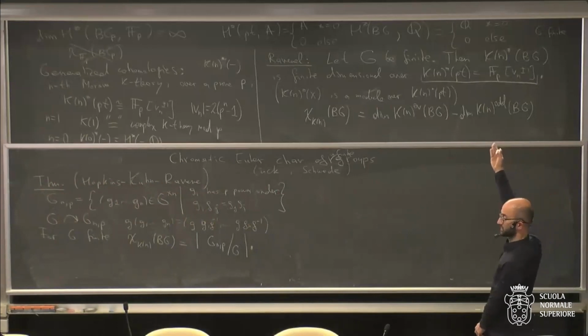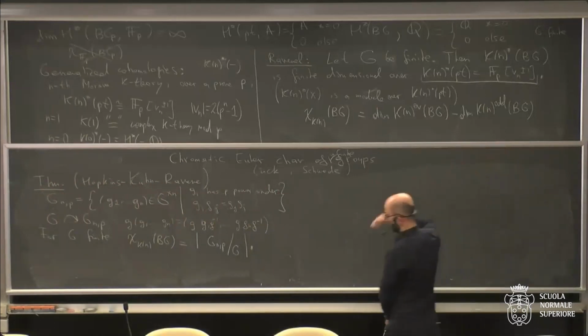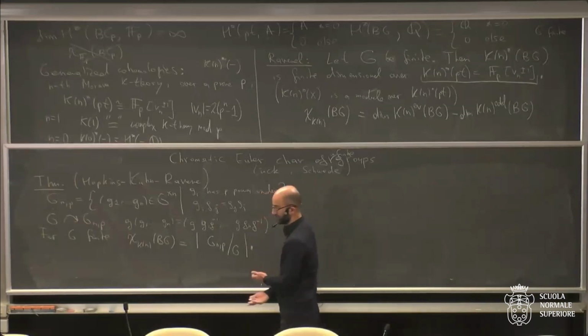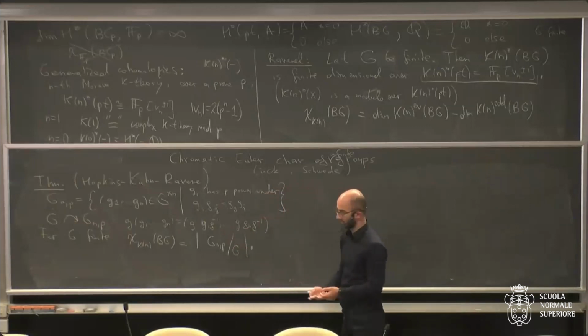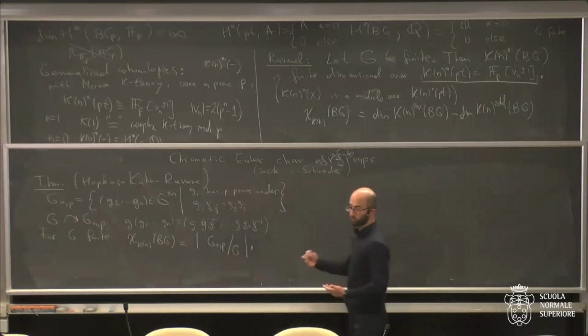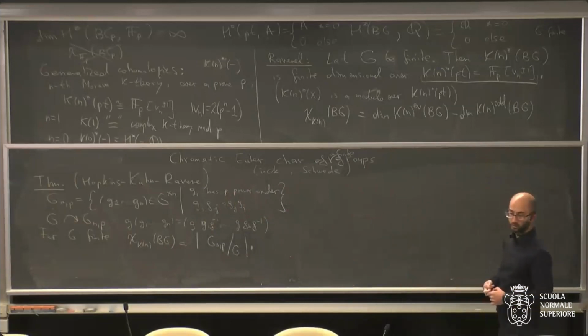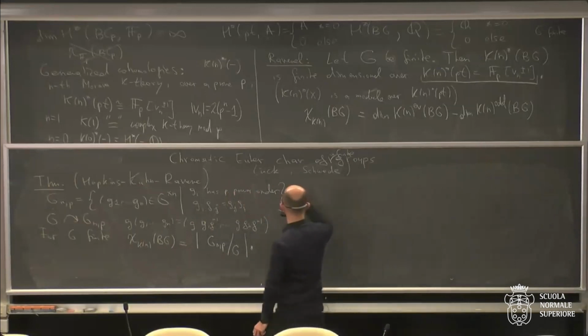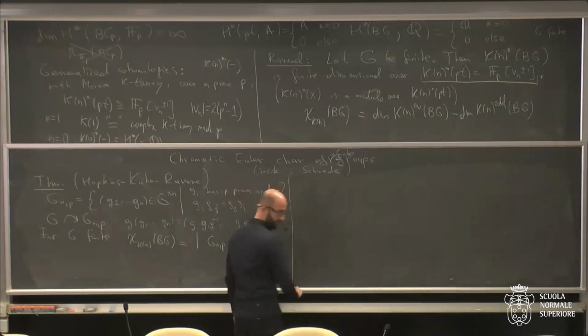But now I do not understand cohomology of this BG in total for finite groups, but I do understand at least the Euler characteristic, and quite well. So the question is, what can we do to say more about infinite groups using this K_n? And so this is where we come into the game.